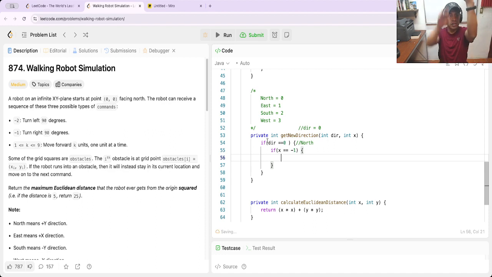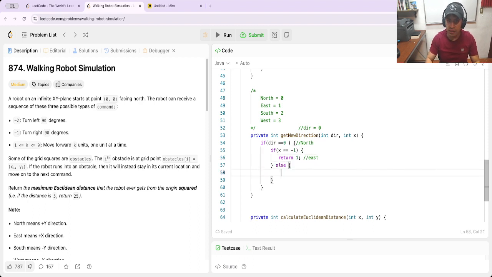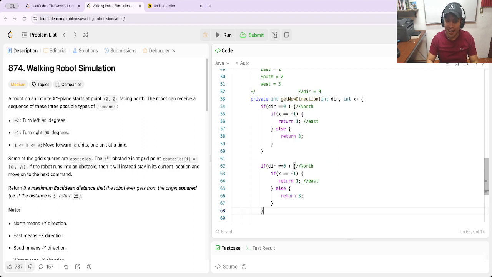You are looking to the north, less 1 is basically east. Yeah, this returns 1, east. Other case is west. Yeah, and it's the same with every direction. I know that it's possible to improve, but at this moment I have only this idea.